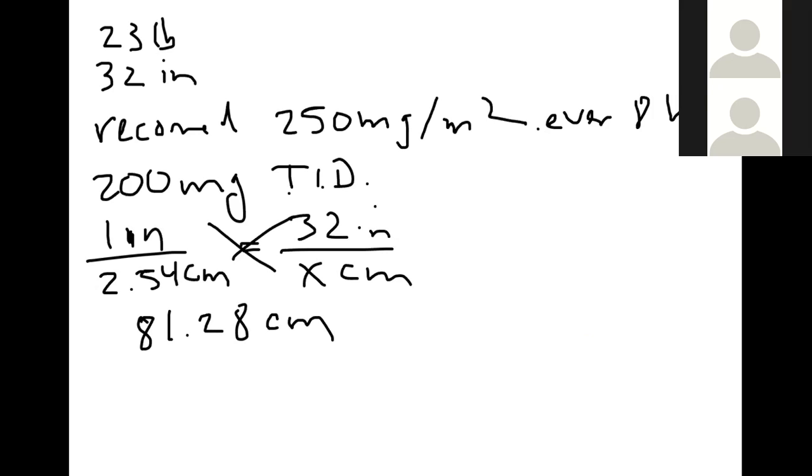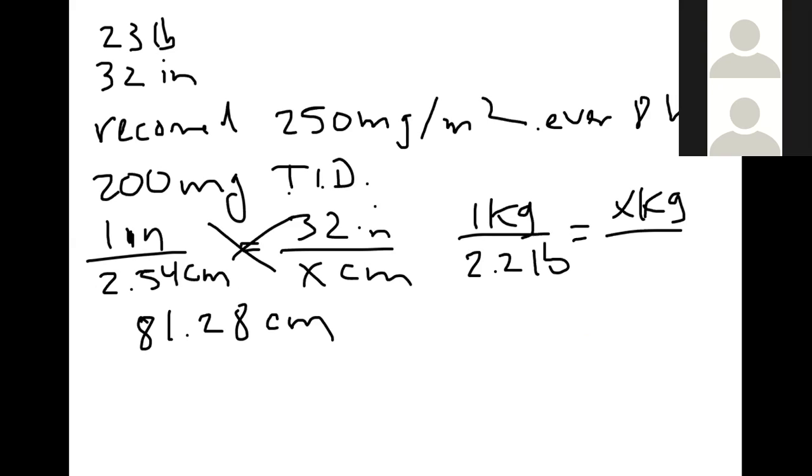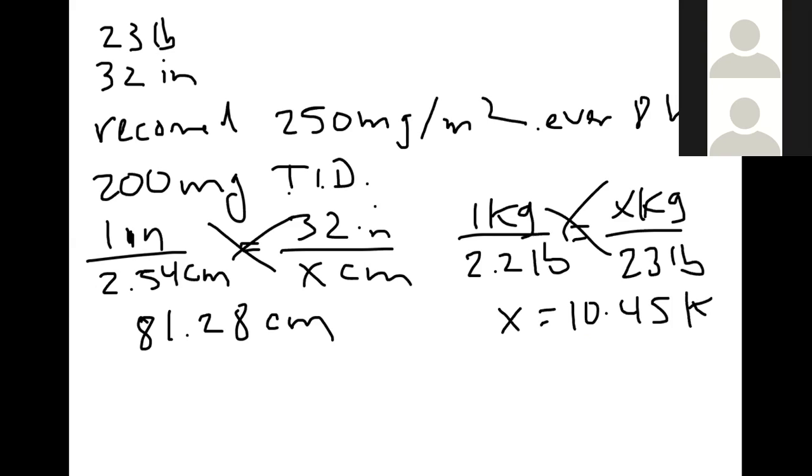Now 1 kilogram over 2.2 pounds is equal to X kilograms over 23 pounds. So cross multiply. 23 divided by 2.2 gives us 10.45 kilograms. So let's use our formula.